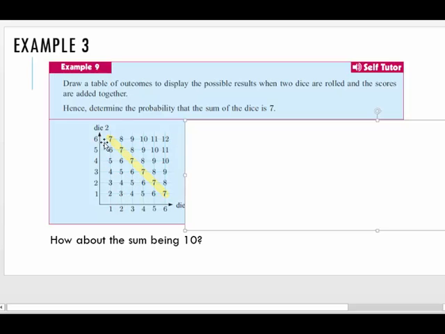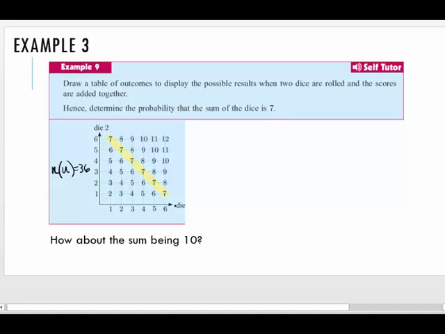And we look at this system and we say, okay, that's 6 this way, 6 this way, that's 6 by 6. You multiply it, that's 36 different ways. Okay? So our universal set would have 36 different numbers. That would be n of U. And n of U is 36. Okay? It says determine the probability of the sum of the dice being 7.